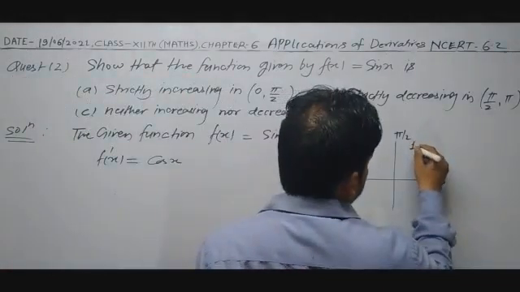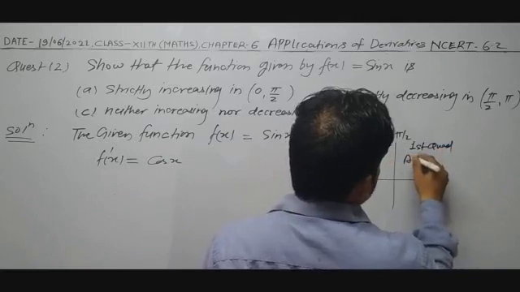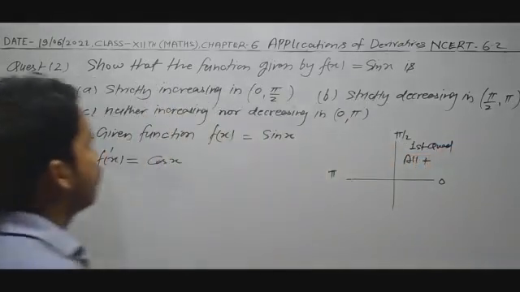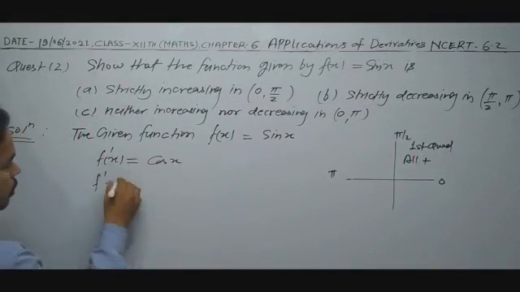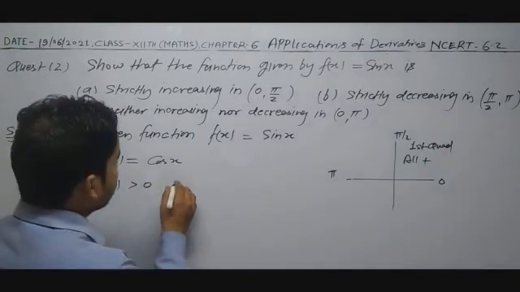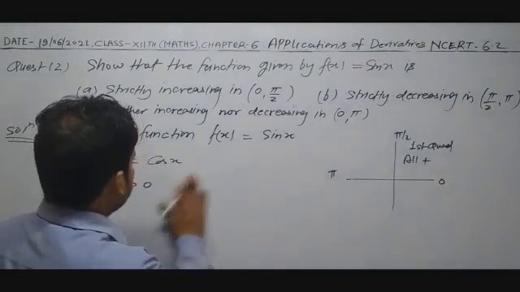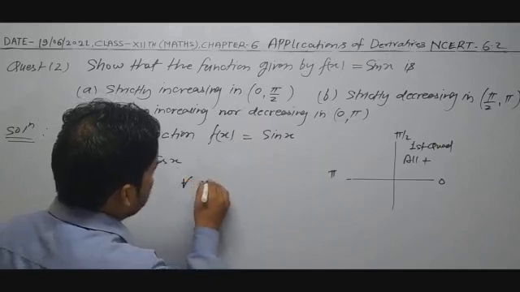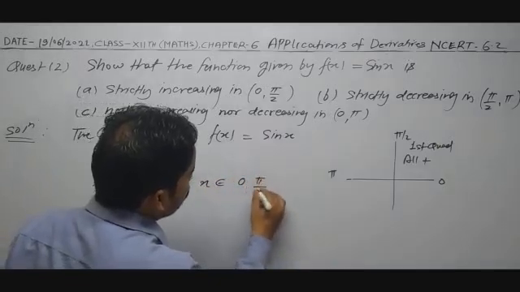In first quadrant all are positive, so f dash x is greater than 0 for all x belongs to 0 to pi by 2.